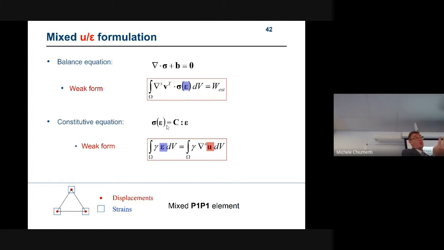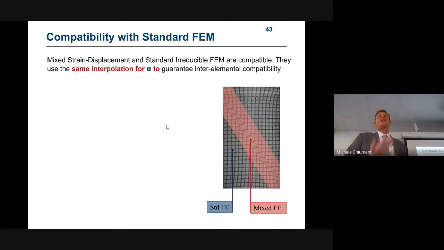So you have two equations and two unknowns. Okay. Once again, you cannot choose the fields as you want. There is the LBB constraint. You want to overcome it with stabilization. Papers. Okay. Technical details.